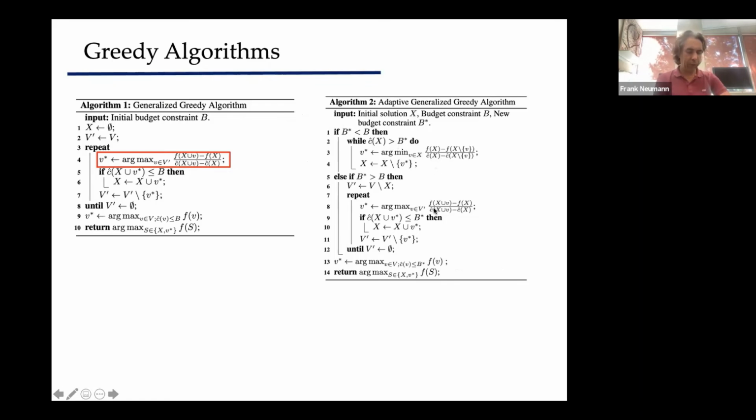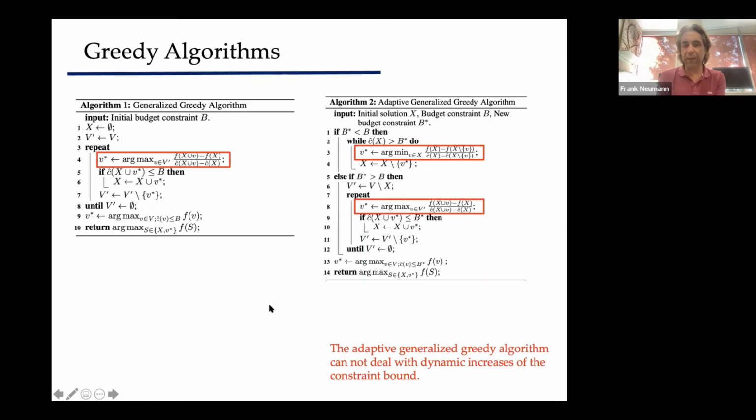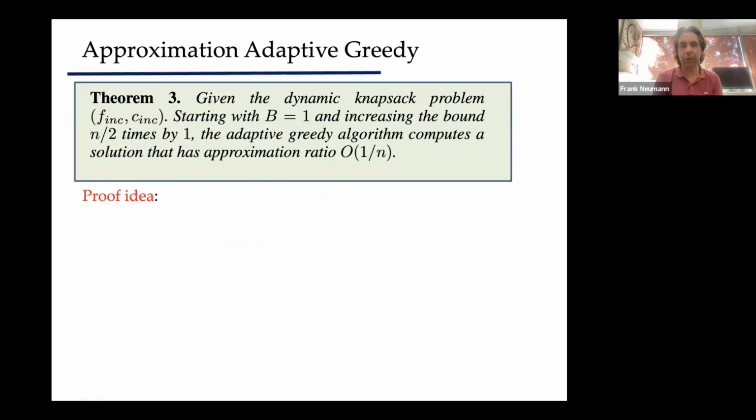I don't want to go into details because I want to concentrate on the evolutionary computation part, but effectively, if you're just doing that, then you get arbitrarily bad approximations for even quite simple settings. I'm happy to talk with you later about that, but I will just skip over these slides now and tell you what you get for the evolutionary algorithms.